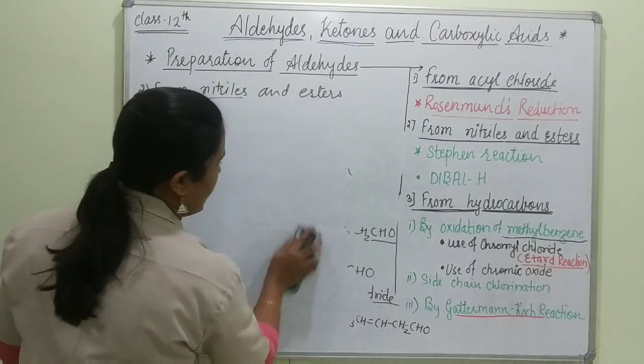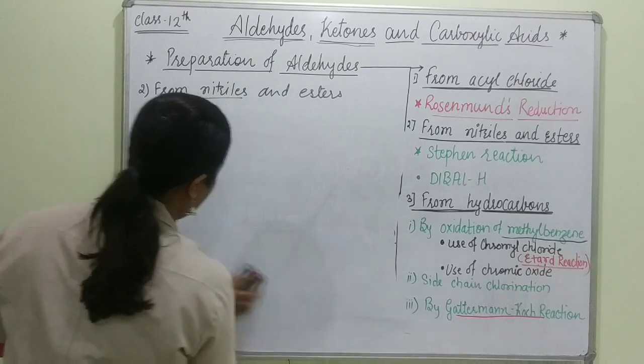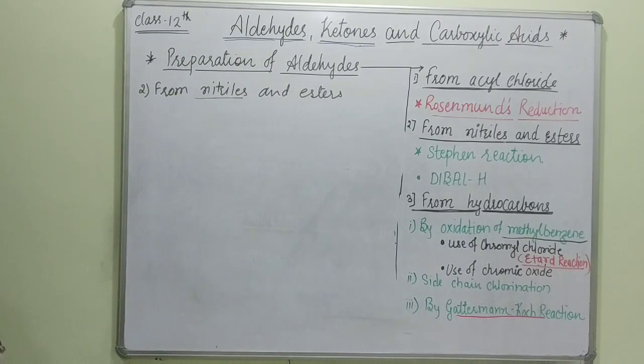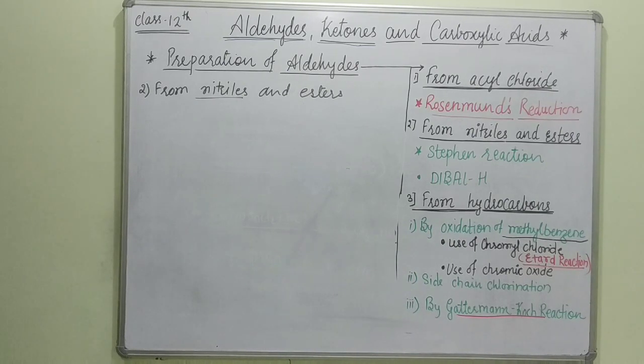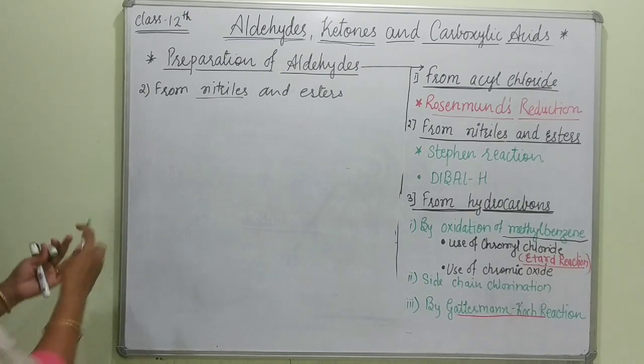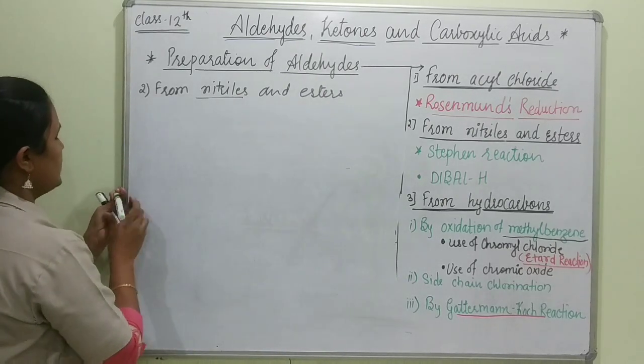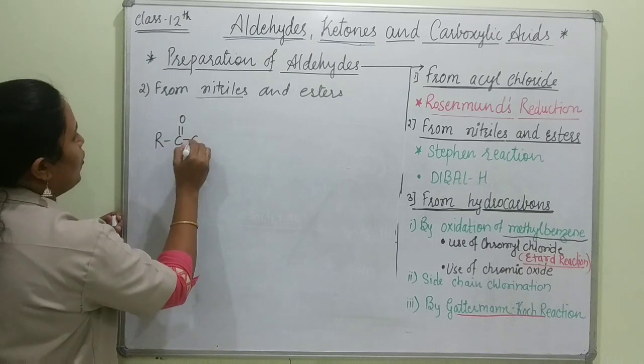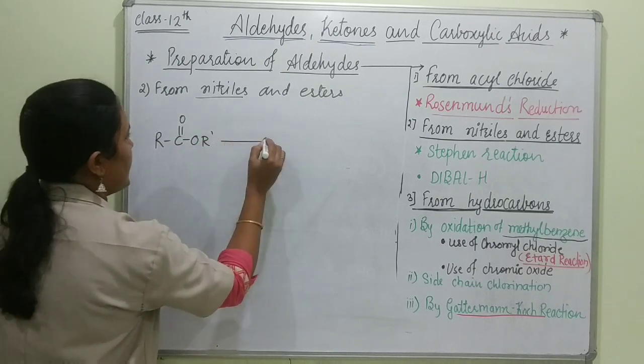Students, I hope you all are understanding, and you need to keep in mind all these reagents for doing the reaction. In DIBAL-H, as we have studied, esters are going to be reduced to aldehyde, right? Esters means RC=O with OR'.